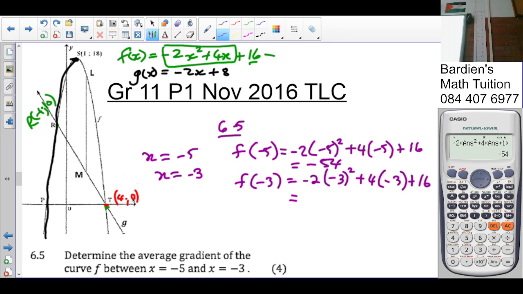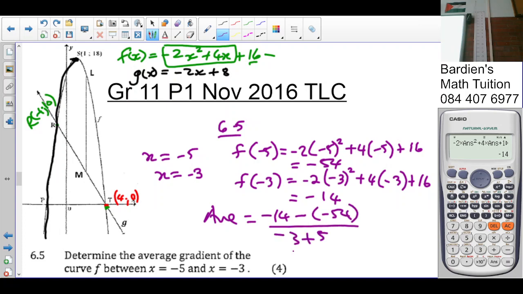Negative 54. And then we put negative 3 in as well. That gives us negative 14. So for the average gradient, we calculate the gradient, but here it's f of b minus f of a over b minus a. So it's negative 14 minus negative 54 over negative 3 minus negative 5. So that gives us an answer of negative 14 plus 54 over negative 3 plus 5.